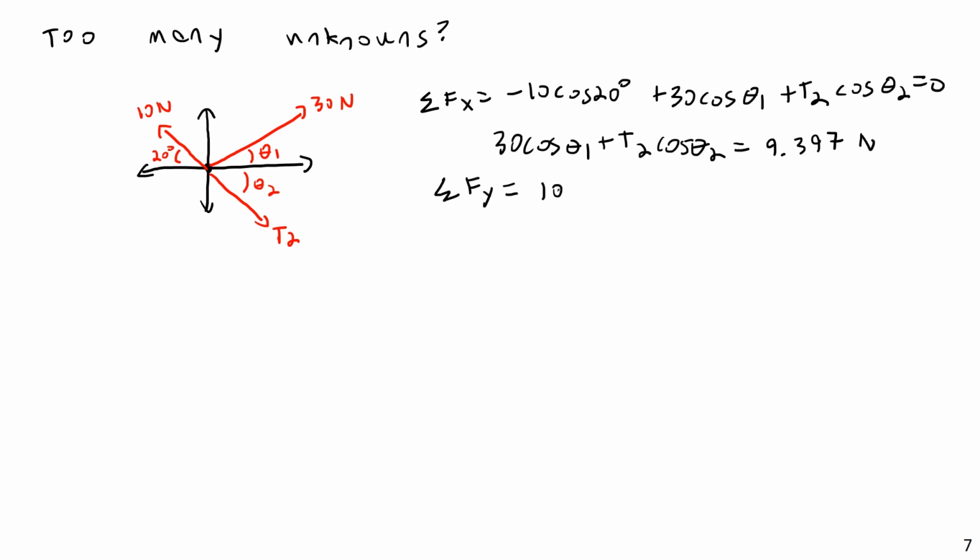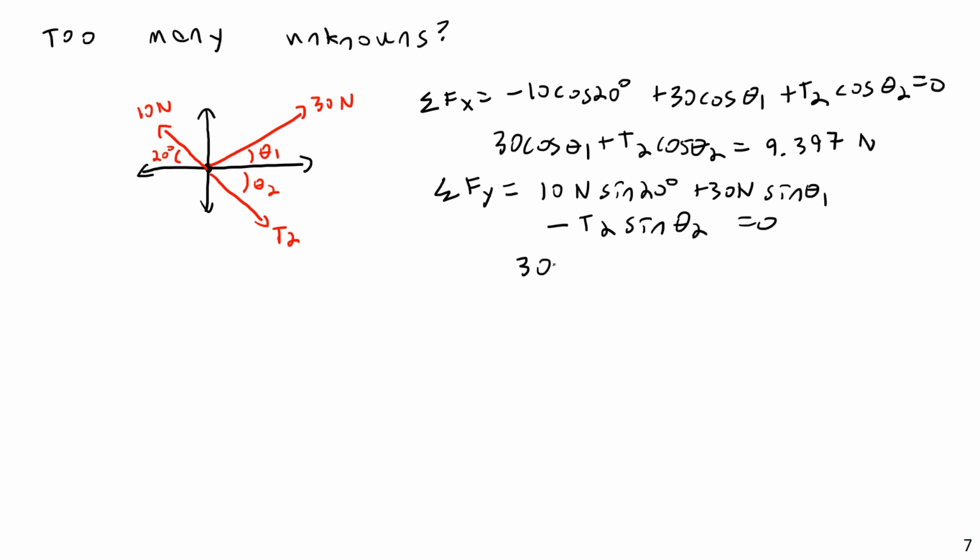And then summation of forces in the y direction. I would have 10 newtons times the sine of 20 degrees plus 30 newtons times the sine of theta 1. And then minus T2 times the sine of theta 2 equals 0. Okay.